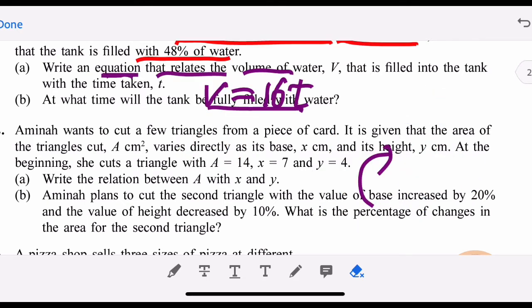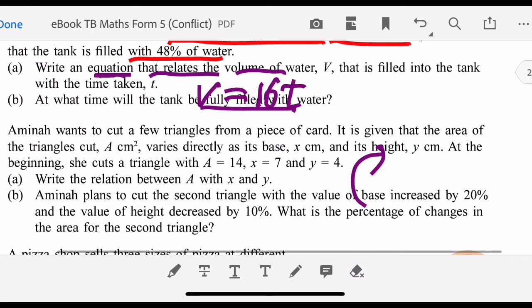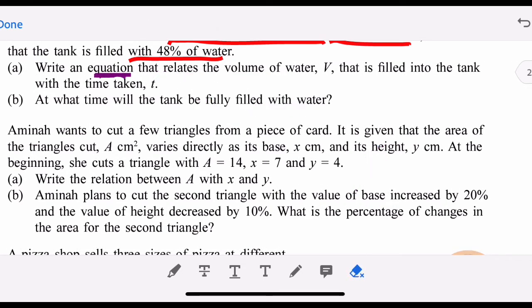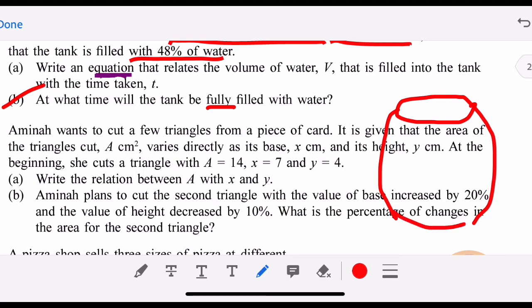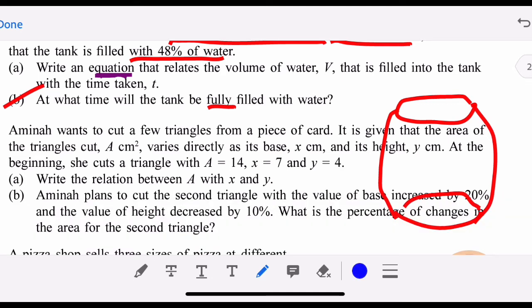So let's see what the question is asking in part B. At what time will the tank fill with water fully? The keyword is full. So just now we have a water tank like this, and the water is going to fill into the tank.